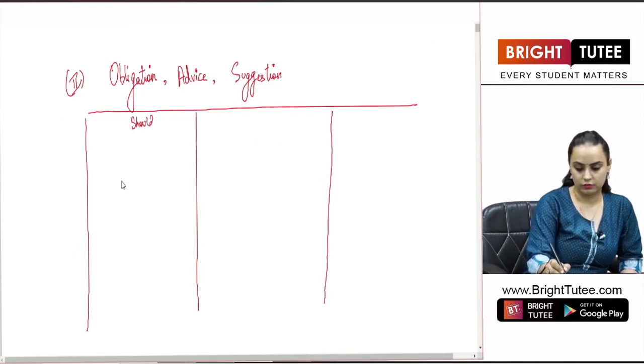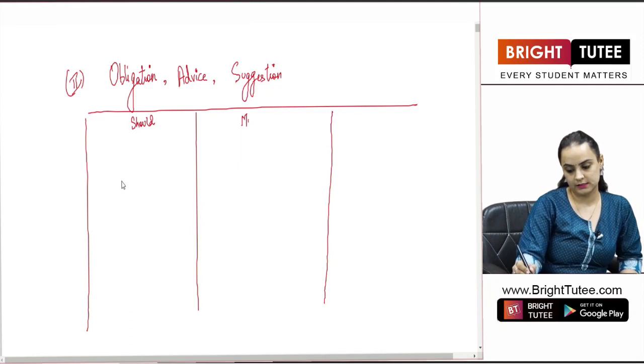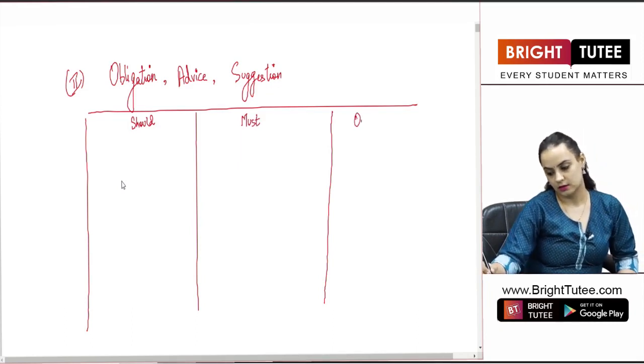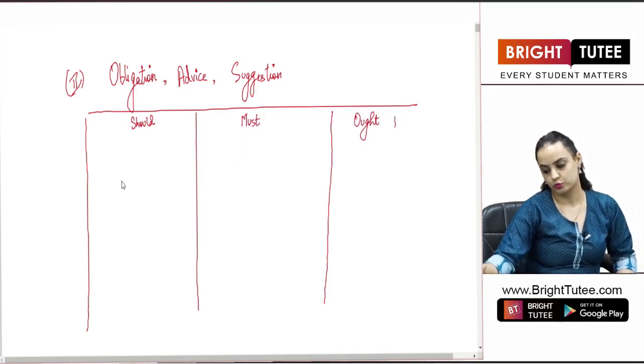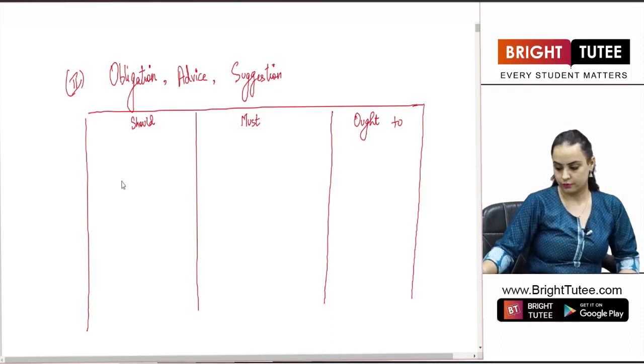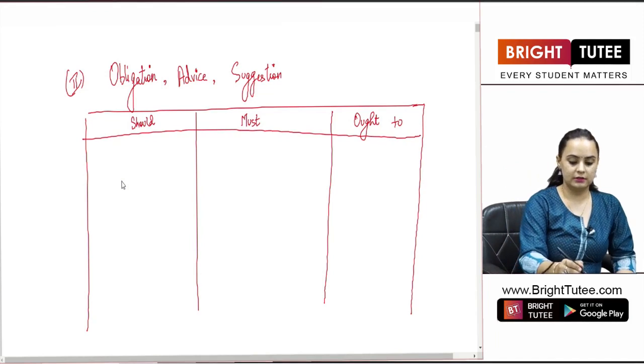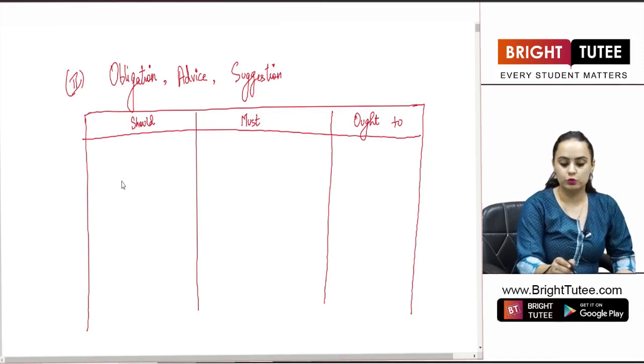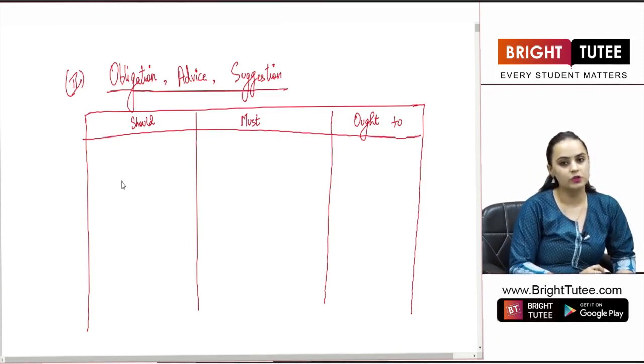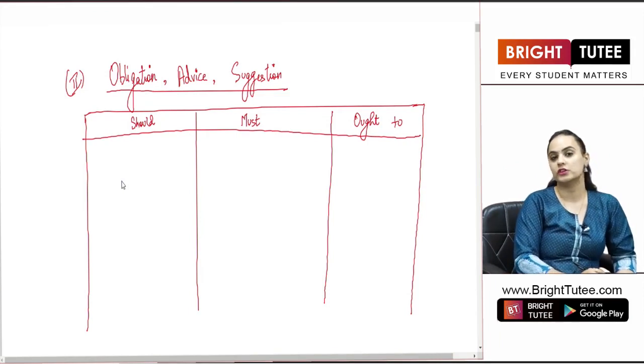Should, must, and ought to. Now, these are the three modals that we use to talk about the obligation, advice, or suggestion which is given to someone.